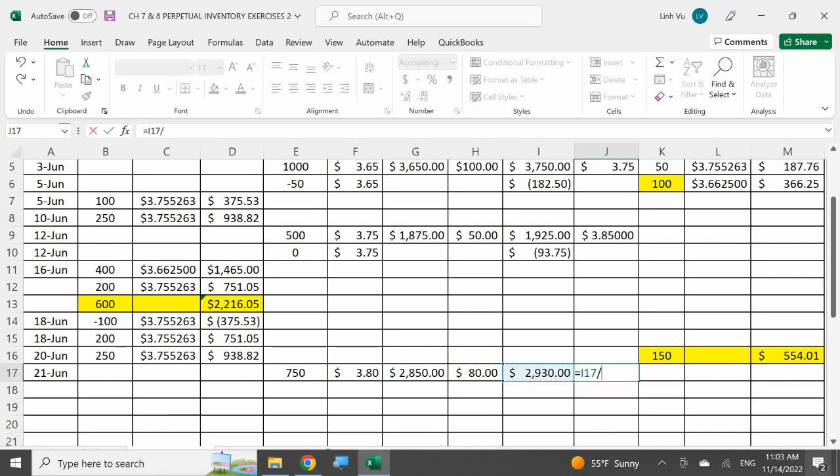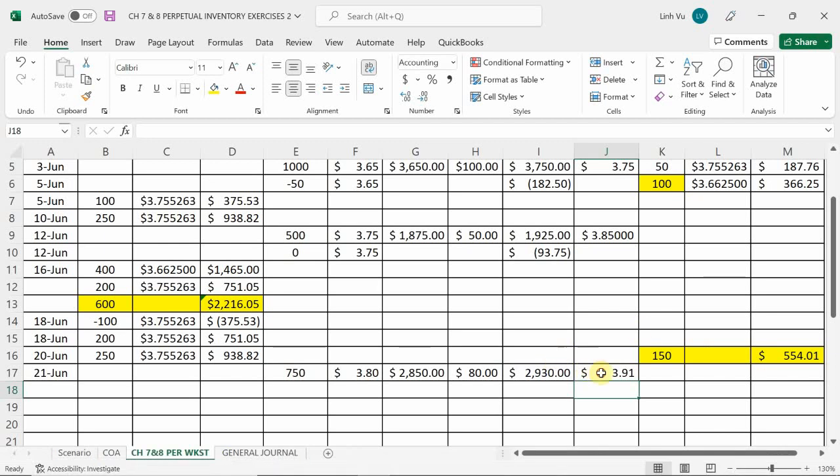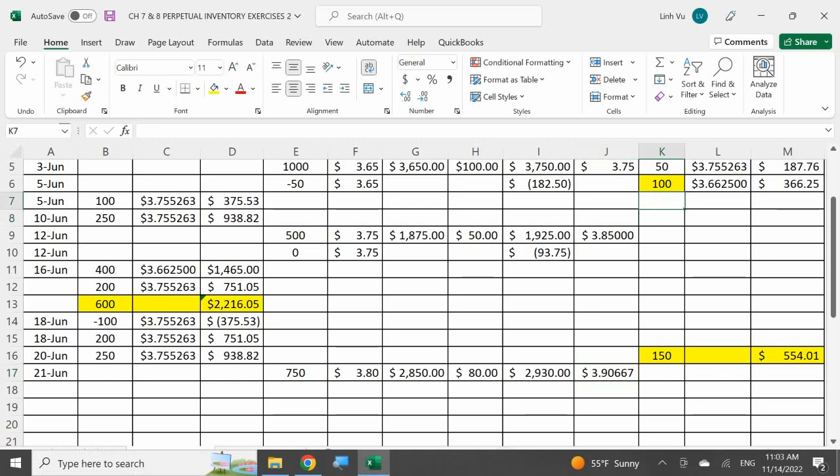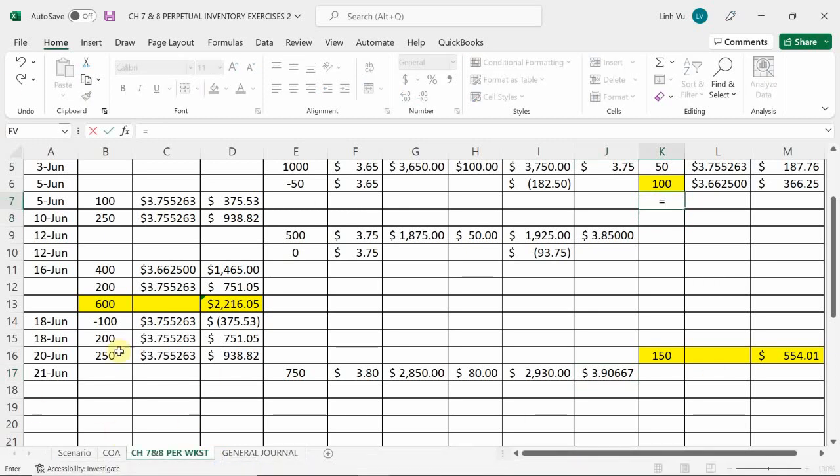Then we need to solve for my cost per item, because that is what I need for my LIFO, keeping my batches separate. So this will be $3.966666.